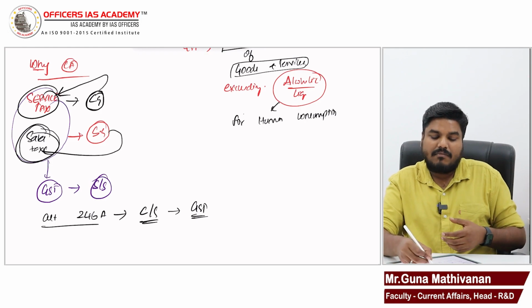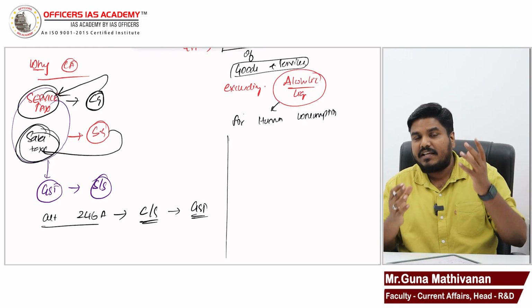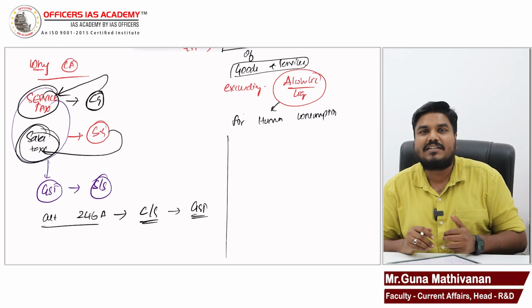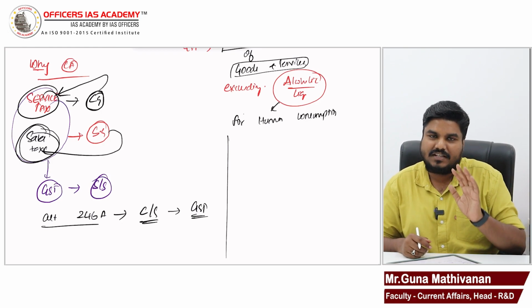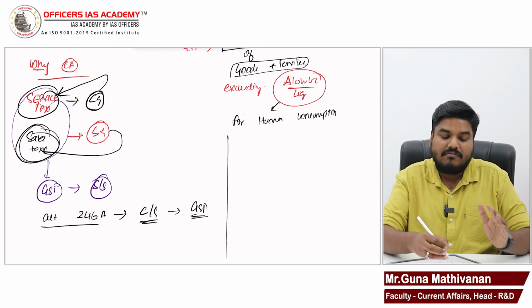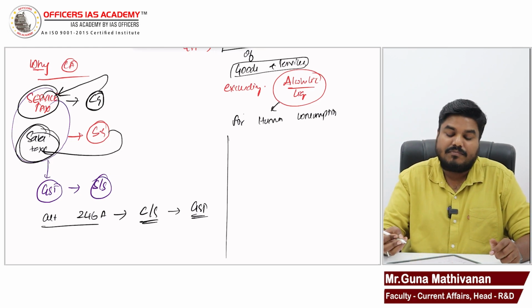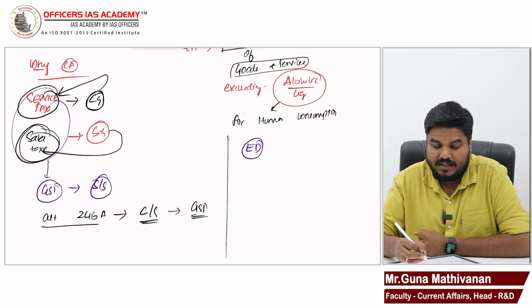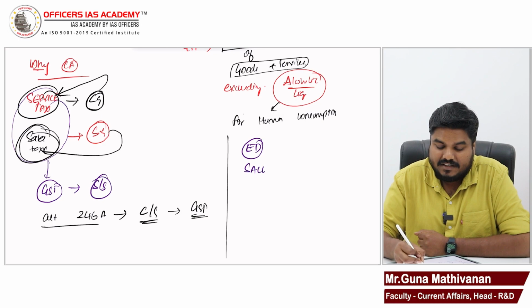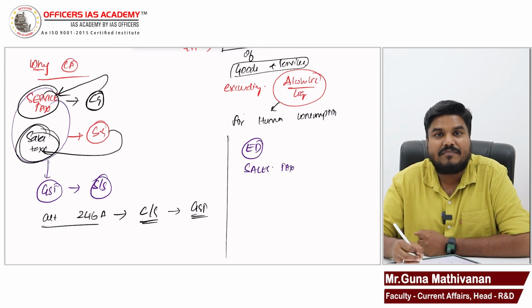I was mentioning that many indirect taxes got subsumed under GST, like service tax and sales tax. So what are the important taxes which were subsumed under GST? We should know. Excise duty got subsumed. Sales tax got subsumed.